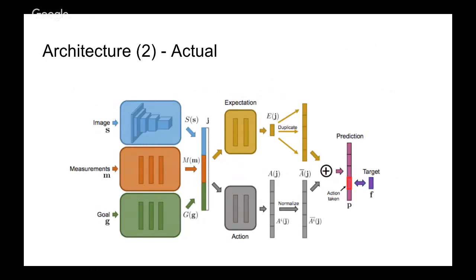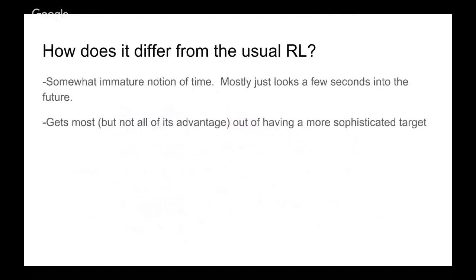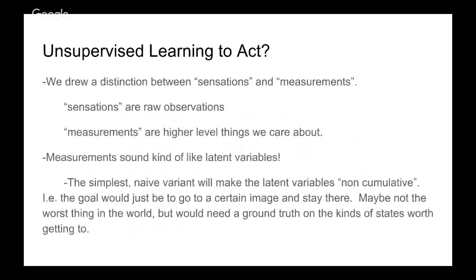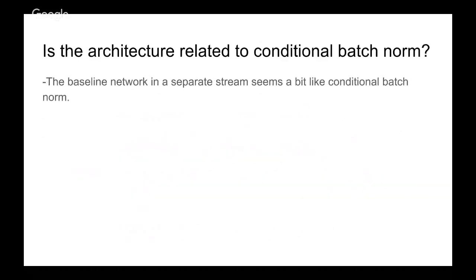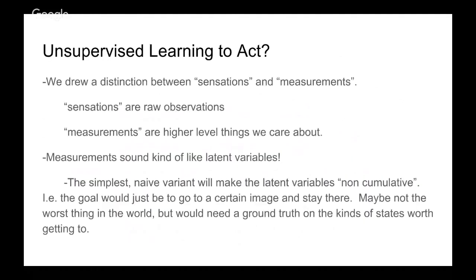So if x is less than 0, y equals x, and if x is greater than 0, y is equal to 0. And that also ensures that the mean activation is 0.